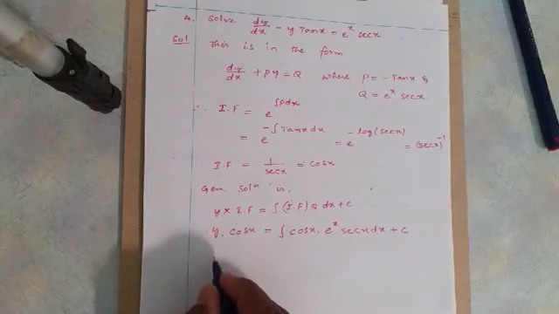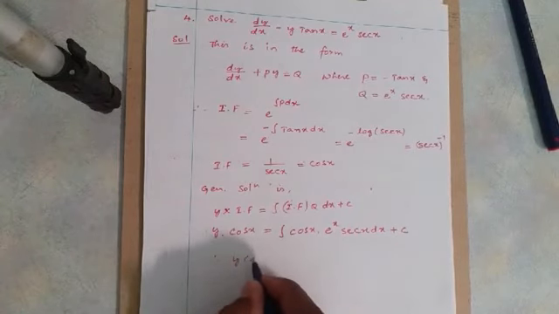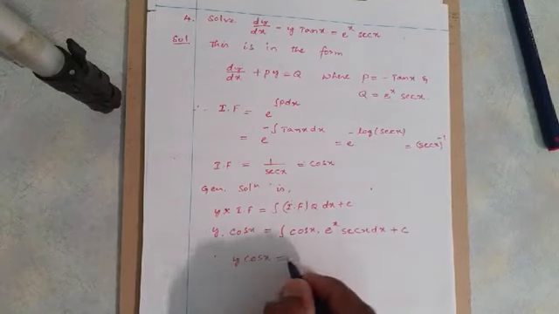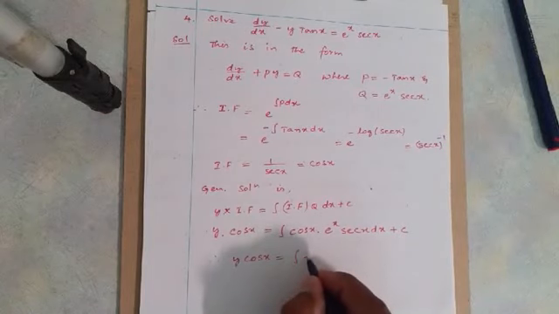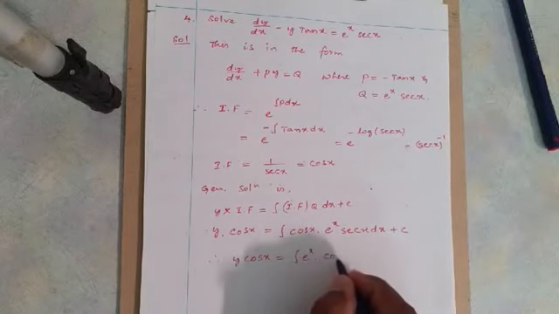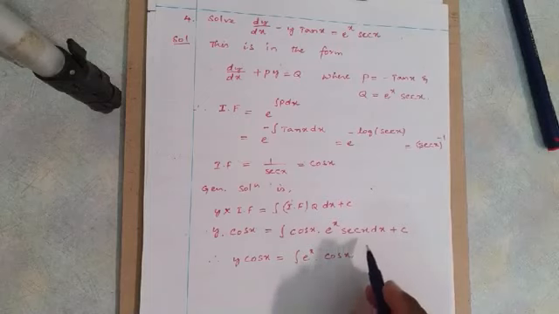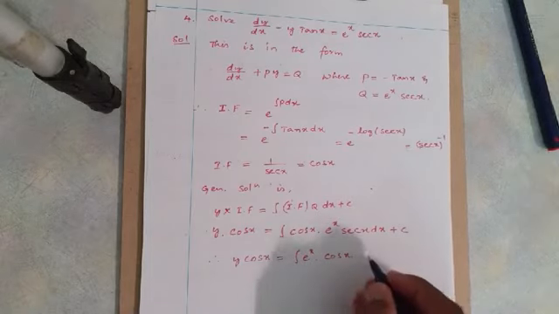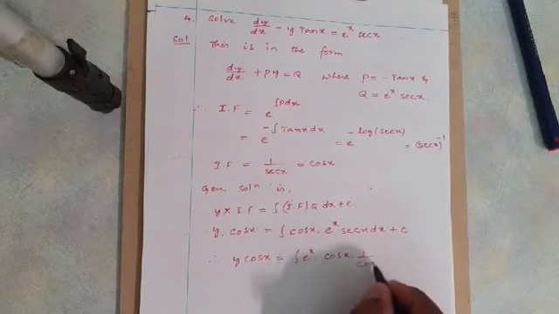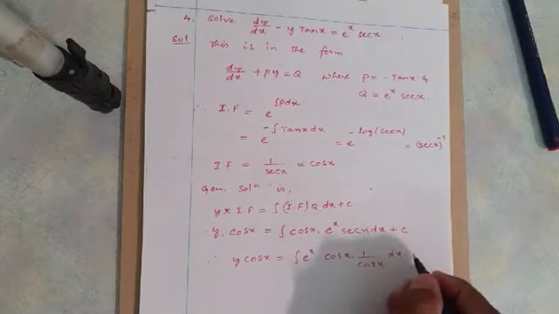Now we can write, therefore y cos x is equal to integral of e power x, then cos x, and in the place of secant x I write 1 by cos x, dx plus c.